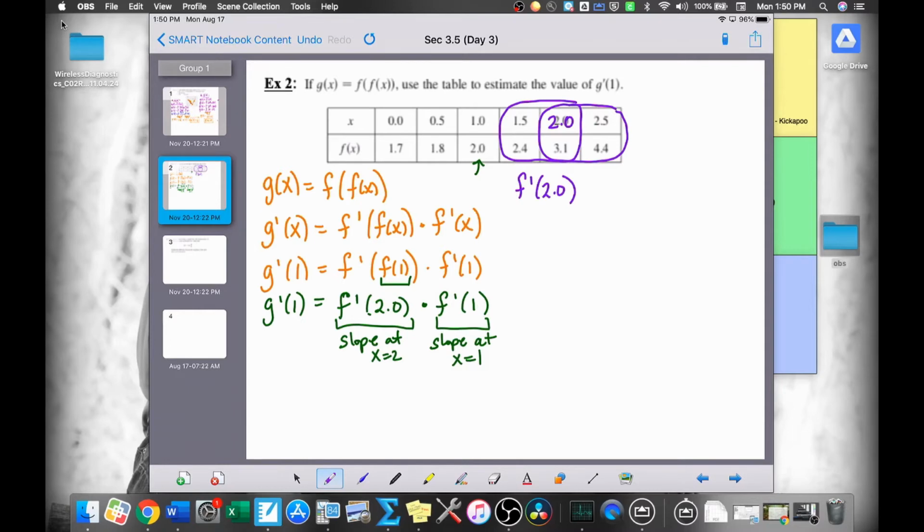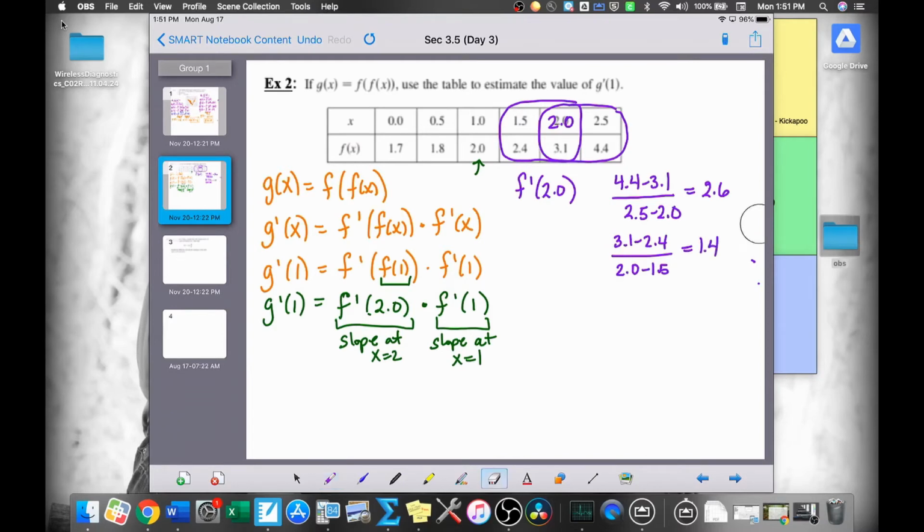So my first calculation will be 4.4 minus 3.1 over 2.5 minus 2, which is going to give me a slope of 2.6. And then my second calculation will be 3.1 minus 2.4 divided by 2.0 minus 1.5, which gives me a slope of 1.4.